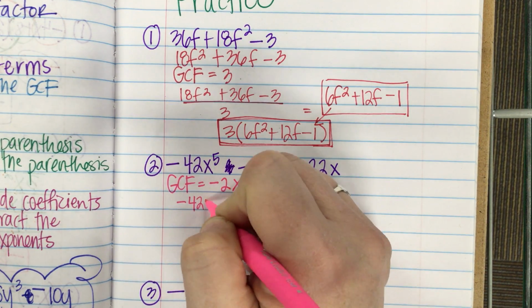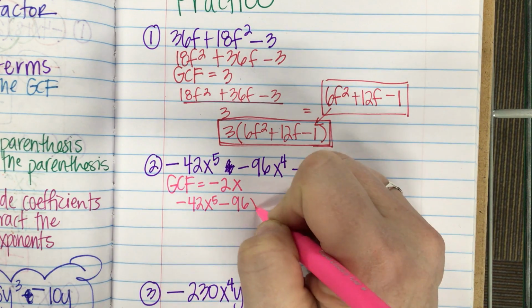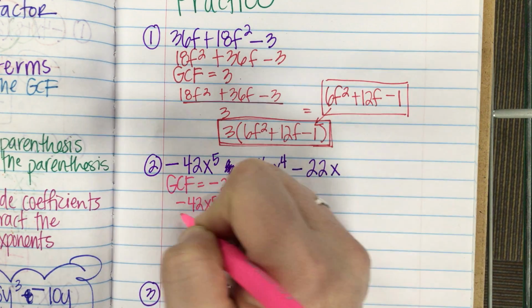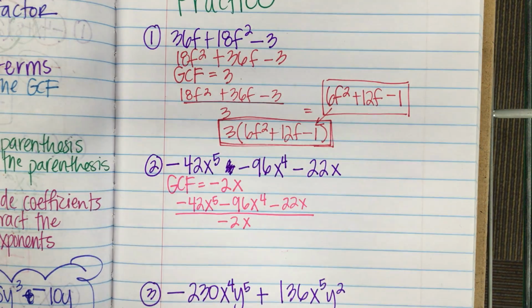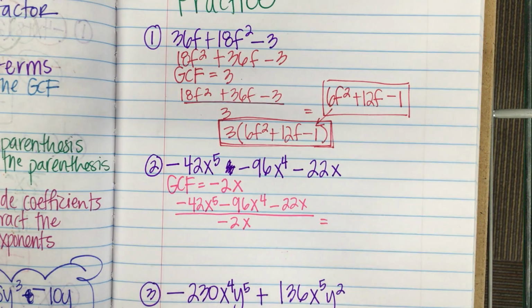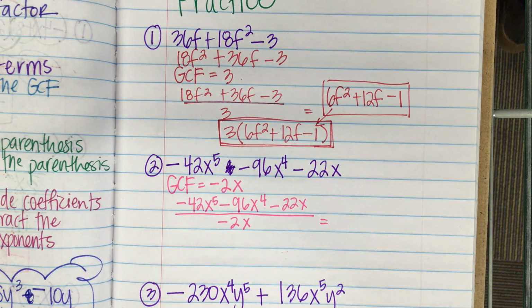Negative 42x to the fifth minus 96x to the fourth minus 22x divided by negative 2x. Negative 42x to the fifth divided by negative 2x is positive 21 what?